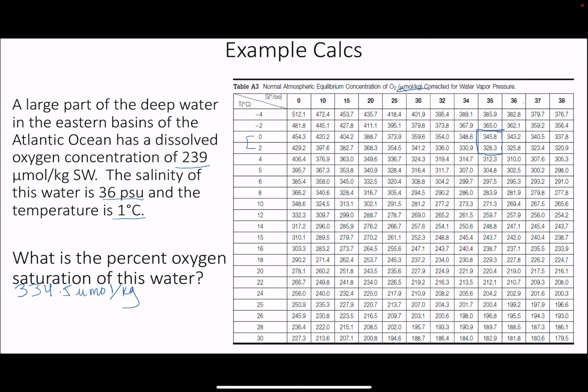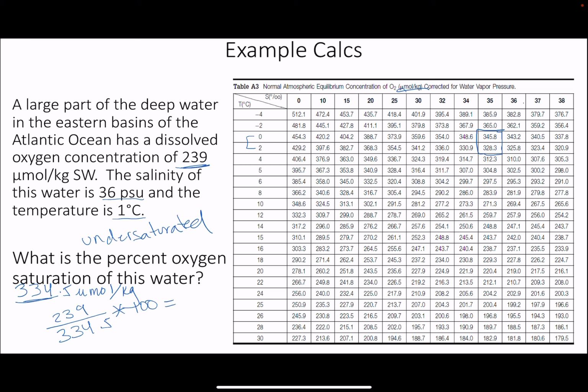Okay, so your measured value is definitely less than the equilibrium value. So you are not at equilibrium. You are definitely what we would call undersaturated. And the equation to determine the percent saturation is your in situ, your measured value, which is 239, divided by your equilibrium value, which we got from the table, which is 334.5, times 100.